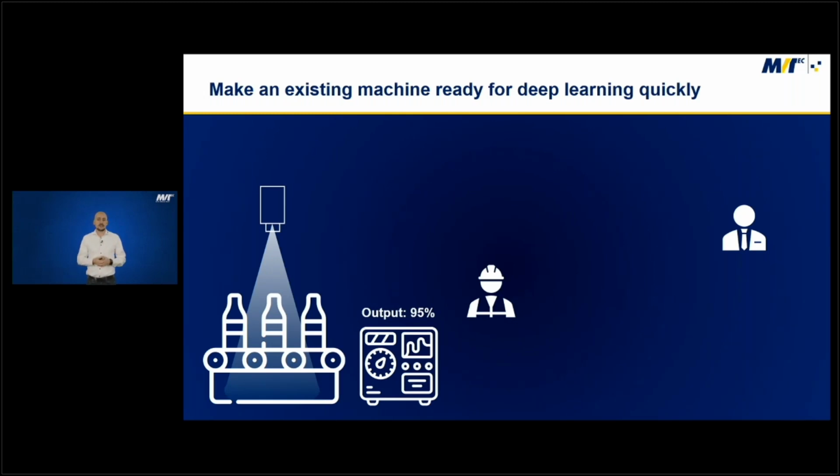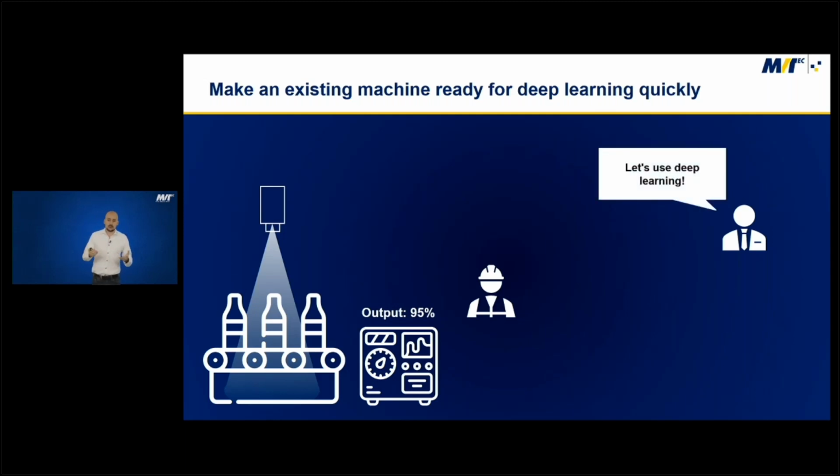So what are the actual use cases of this OpenVINO plugin? Here I've just drawn a small example of a machine which is running in production. Maybe it's something like the bottle mouth inspection my colleague Christoph showed you with Merlic, but in this case solved with Halcon. The machine is running and your output is maybe around 95%.